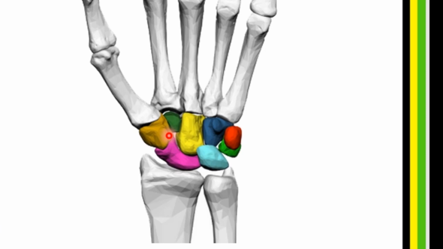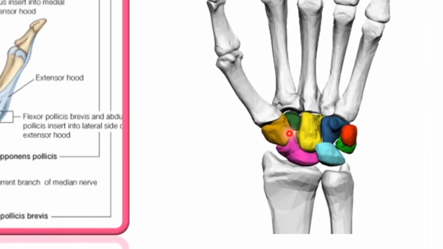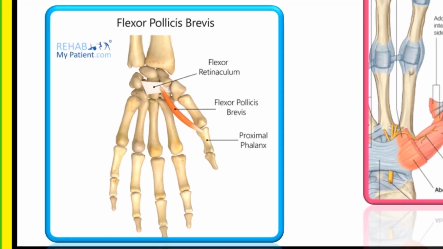So both the flexor pollicis brevis and opponens pollicis have the same points of origin. The insertion is on the lateral side of the base of the proximal phalanx of the thumb. So the flexor pollicis brevis inserts more distally than the opponens pollicis.